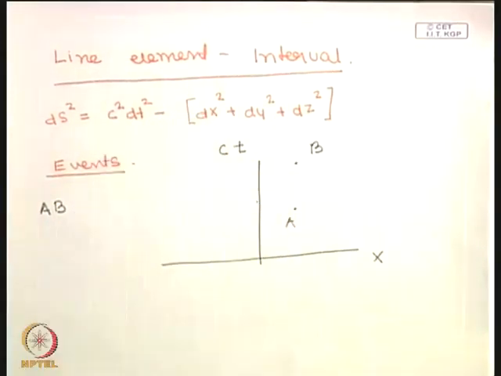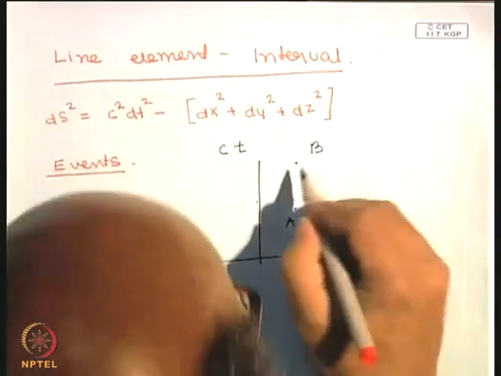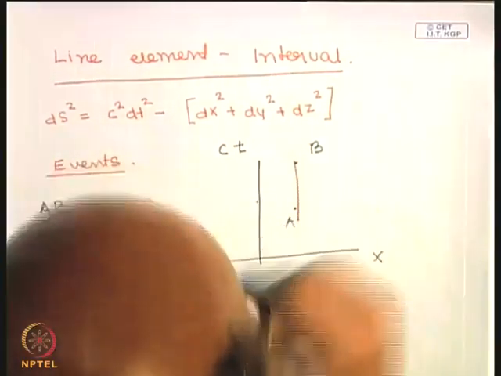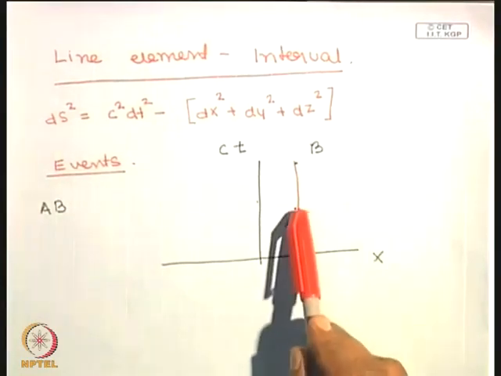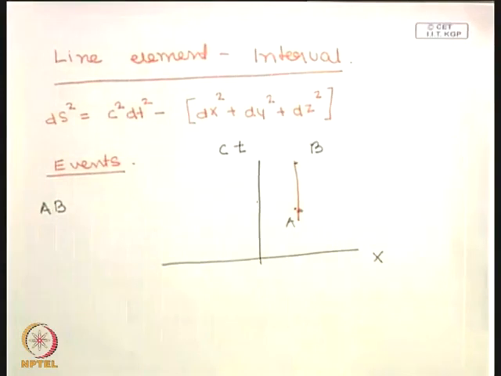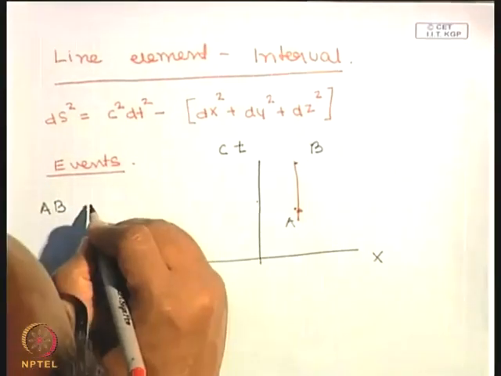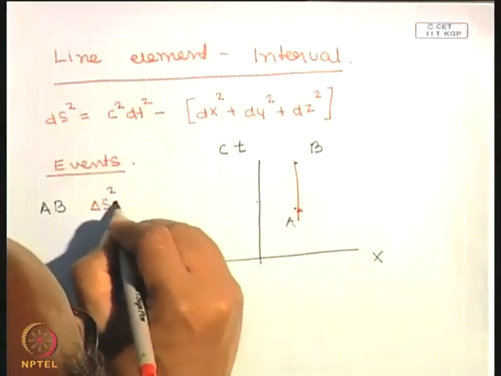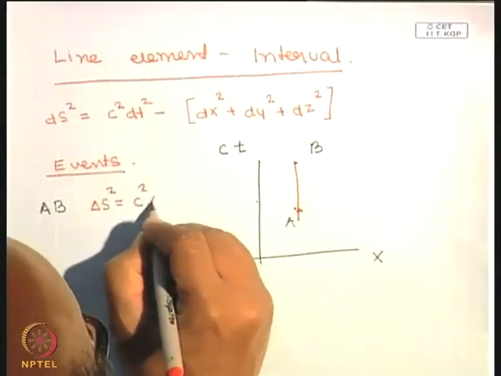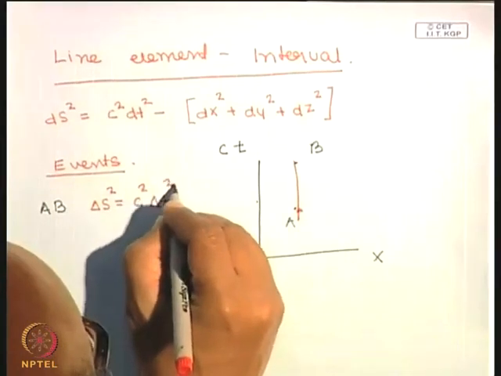Now you see, for these two events they are not separated in space, in position, they are only separated in time. So for these two events, the interval delta s square is equal to c square delta t square.